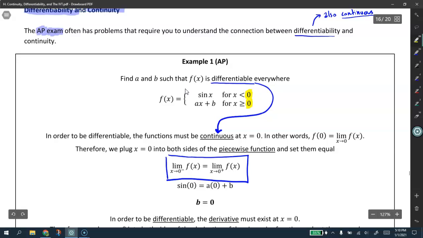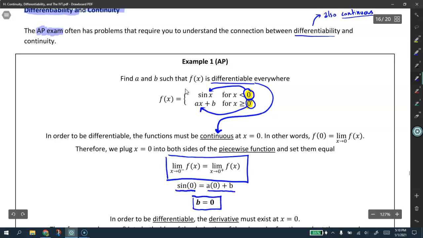Students often ask, what am I supposed to plug in for x? You plug in the 0 for x. This is why we end up with sine of 0 is equal to a times 0 plus b. Notice that a times 0 is still 0, and sine of 0 is equal to 0. Therefore, the value of b is equal to 0.